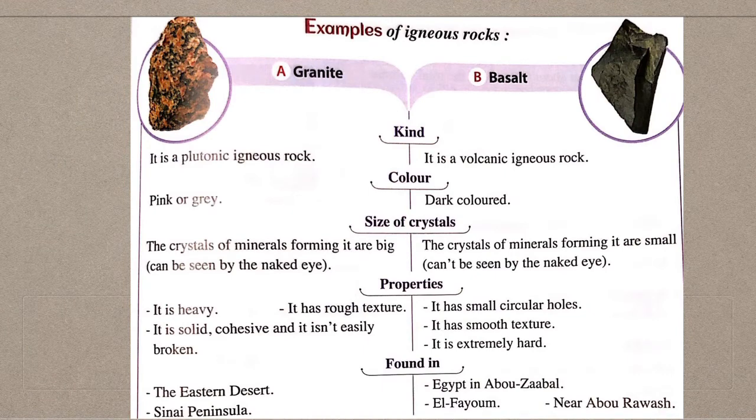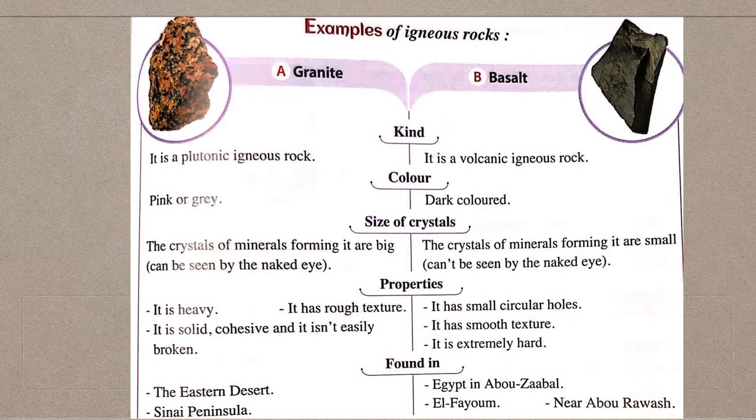There are two examples of igneous rocks: granite and basalt. Granite is a plutonic igneous rock. The color of granite is pink or gray. The crystals of granite are big and can be seen by the naked eye.